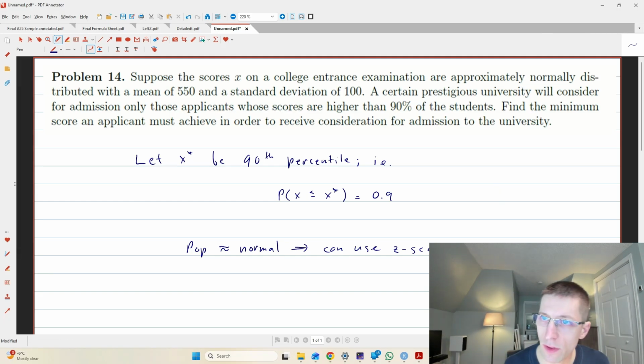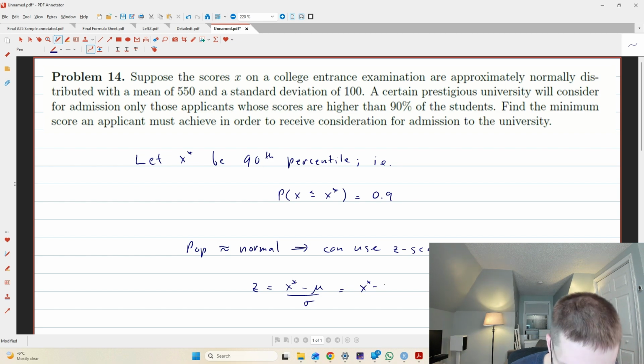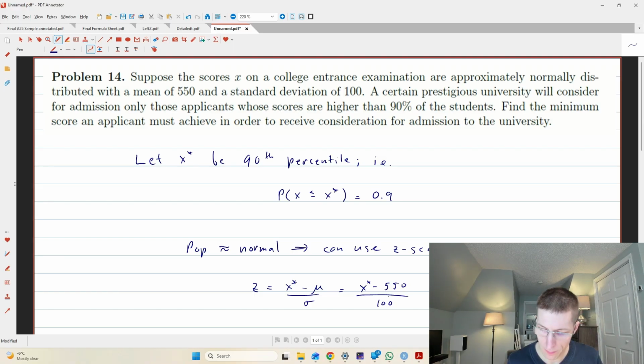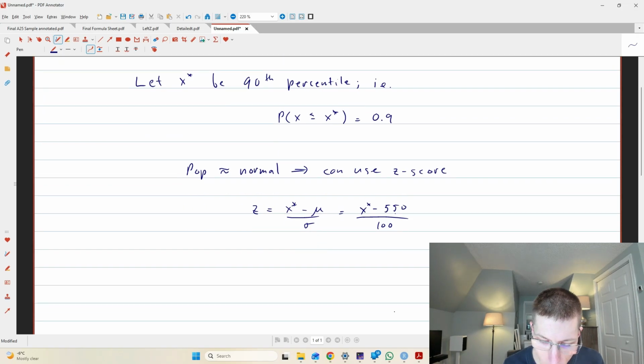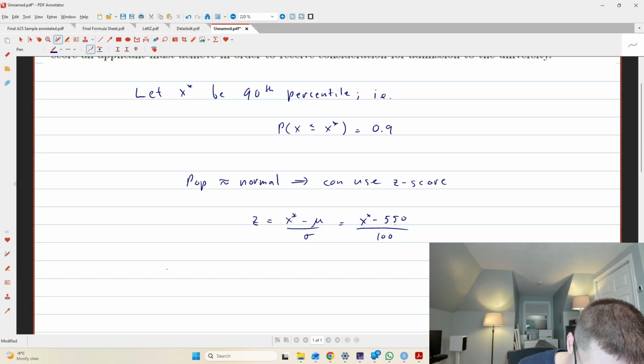So the Z score of X star is going to be X star minus mu over sigma, where the mean was 550 and the standard deviation is 100. Let's figure out, in terms of the Z score, what that would be from the table.